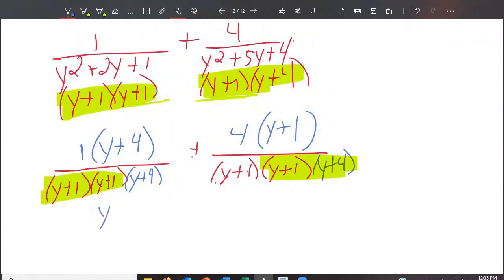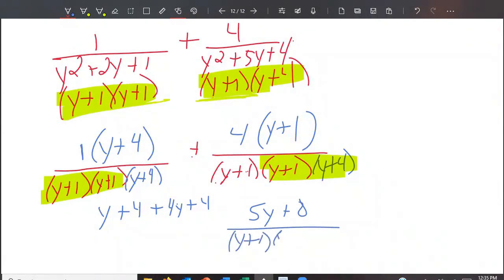Do the distributive property and add like terms. We're going to get 5y plus 8 over y plus 1, y plus 1, y plus 4. There's nothing else I can do. That's the final answer.